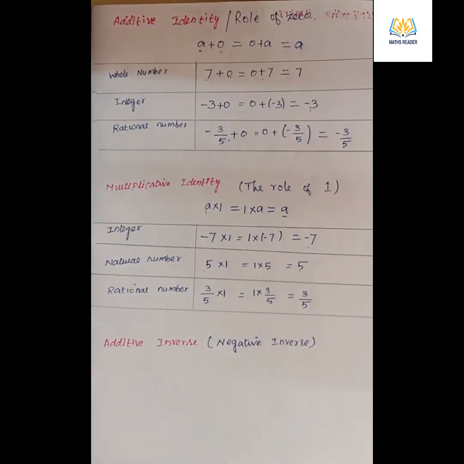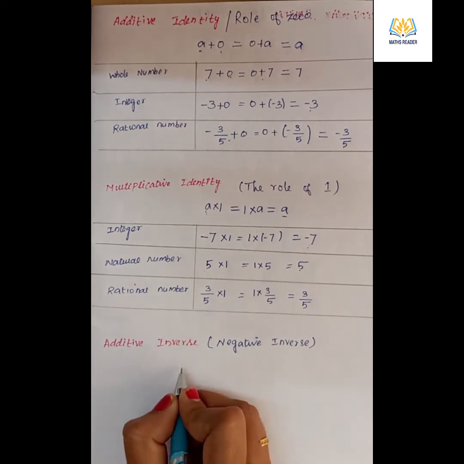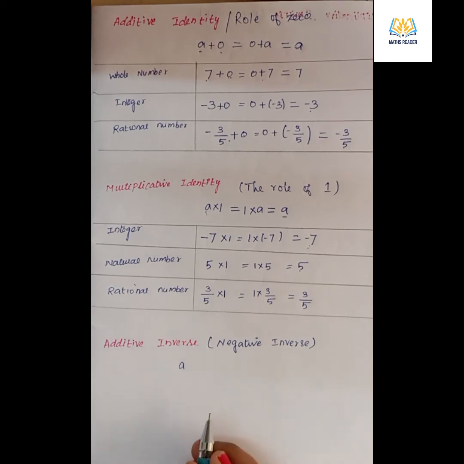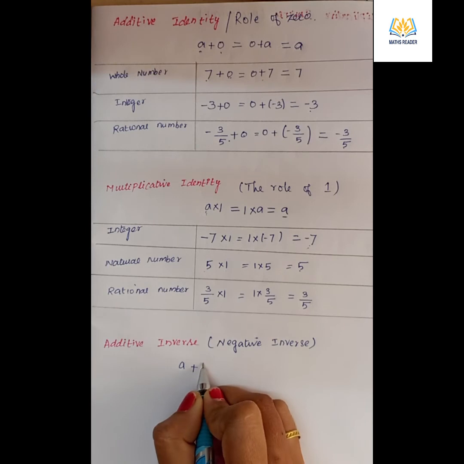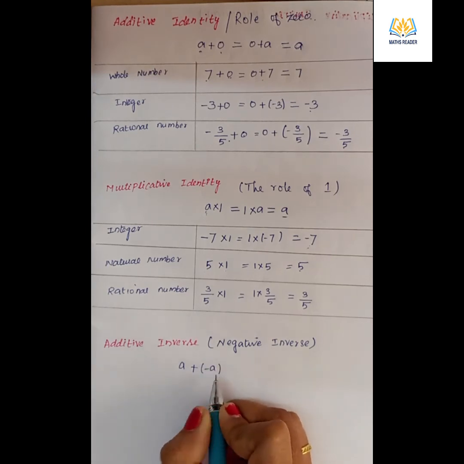Next we will see additive inverse. What is additive inverse? Let us take a, any number. It can be any number. And what is the inverse of a? It is minus a.